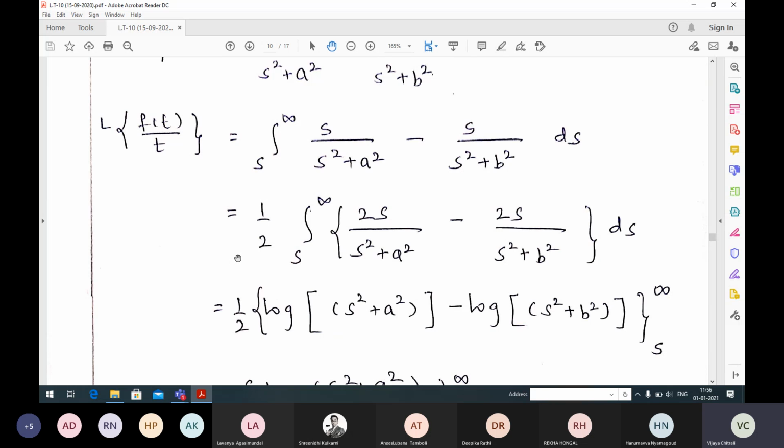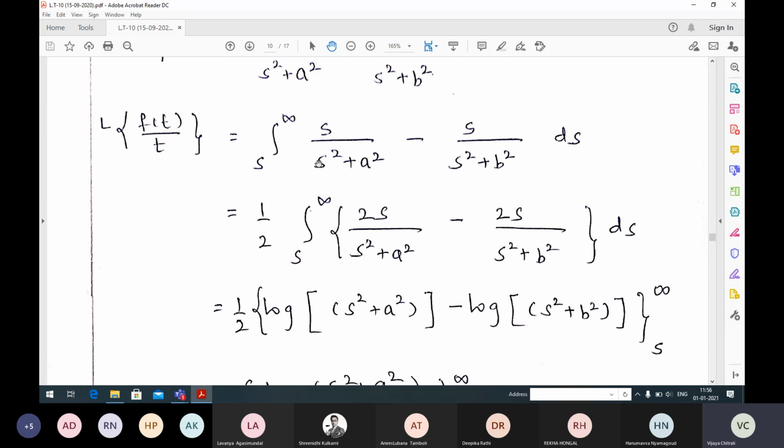So this is equal to integration from s to infinity f bar s with respect to s. So f bar s is s divided by s square plus a square minus s divided by s square plus b square. Integrate this with respect to s, right? Now see, denominator we have s square, numerator we have s.